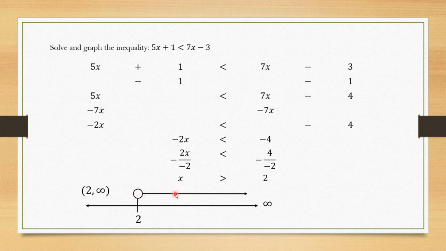And again, we have the arrow going to the right because we want everything bigger than 2. And we saw that the only symbol that would work is this symbol. You can't put a number here because you're going to miss solutions. Okay, that's one example.